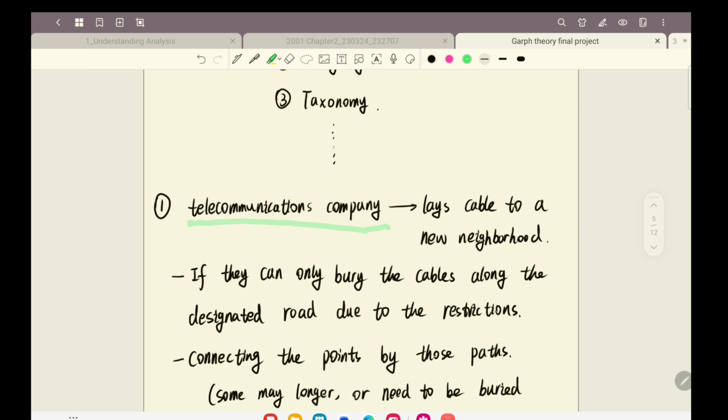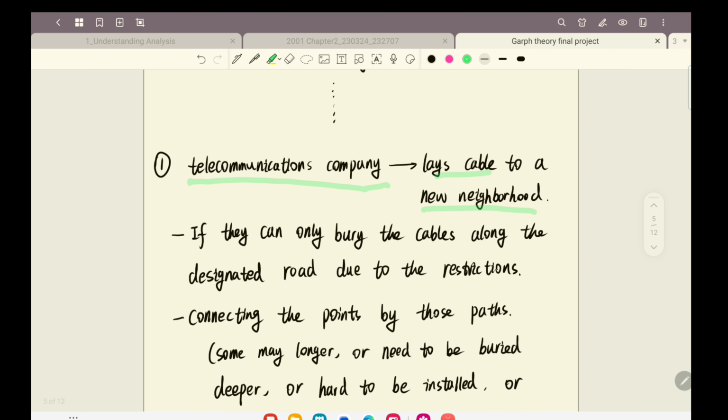If they want to lay cables to a new neighborhood, they can only bury the cables along the designated roads because of restrictions.